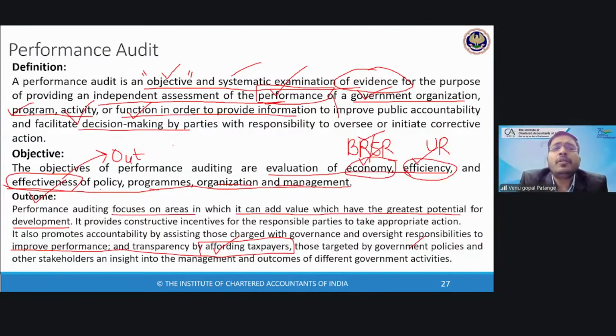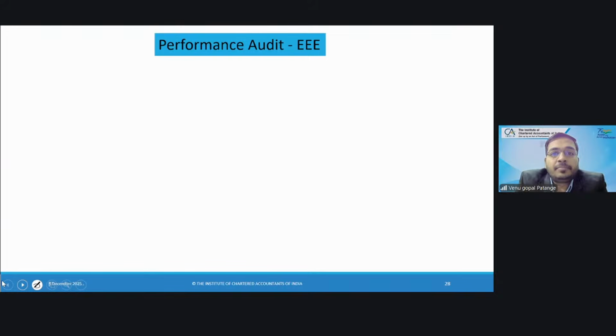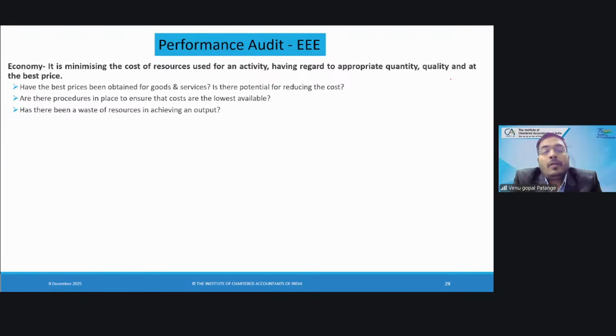The objective, definition, and difference between economy, efficiency, and effectiveness is clear for everyone. So let us see in detail what is economy, what is efficiency, what is effectiveness. So performance audit, as I told you, is the three Es. Economy deals with minimizing the cost of resources used for an activity having regard to appropriate quality.